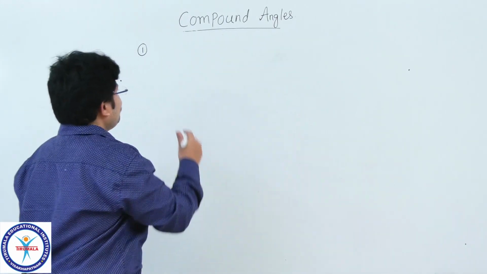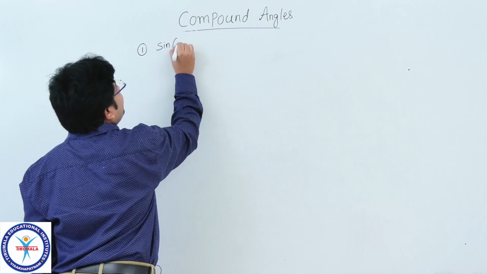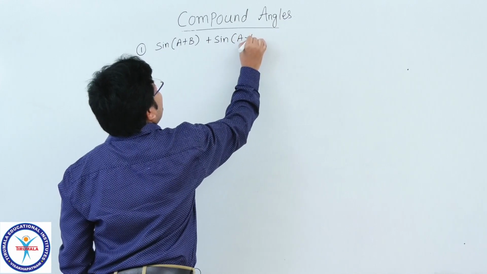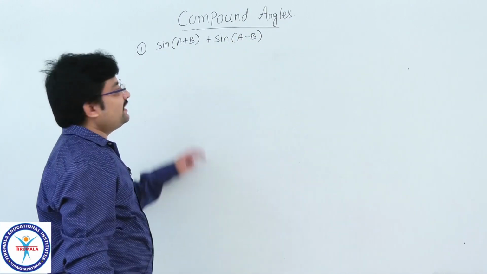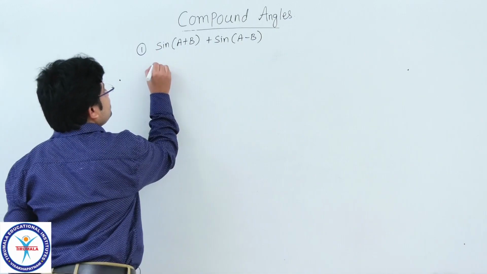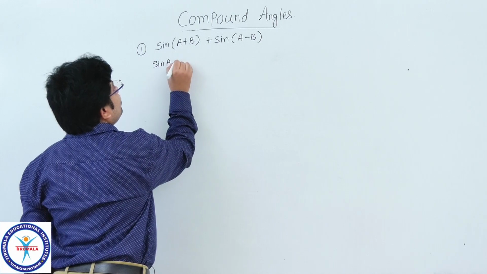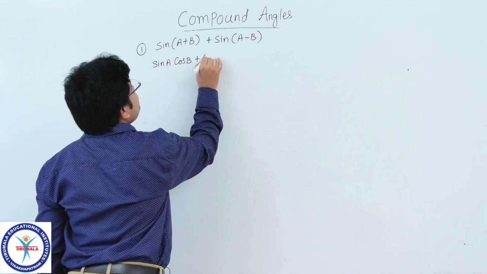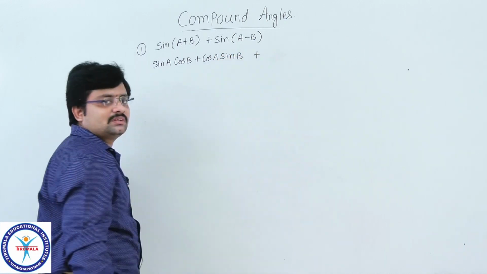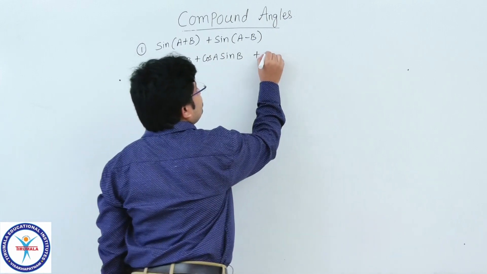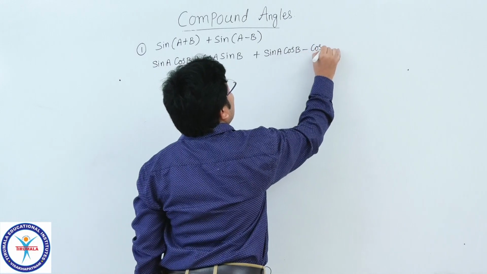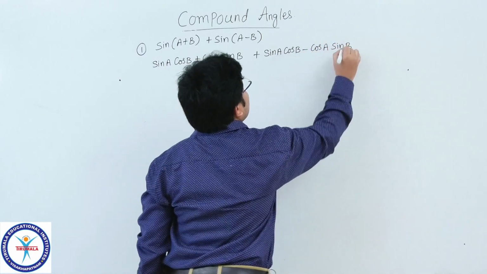Now, let us find some more formulas. sin(a+b) plus sin(a-b). What is sin(a+b)? Sin a cos b plus cos a sin b plus sin(a-b), sin a cos b minus cos a sin b.